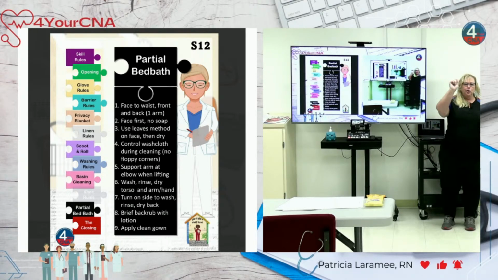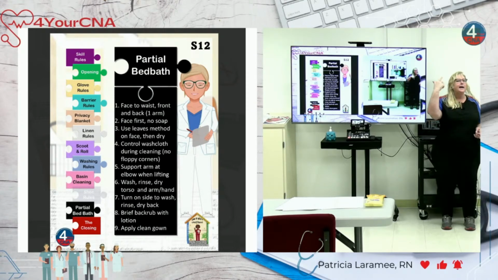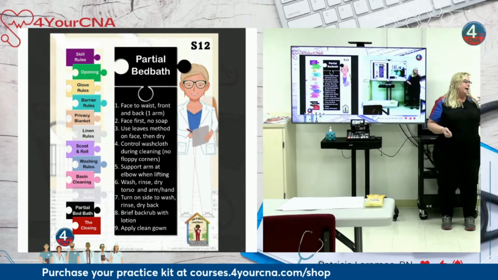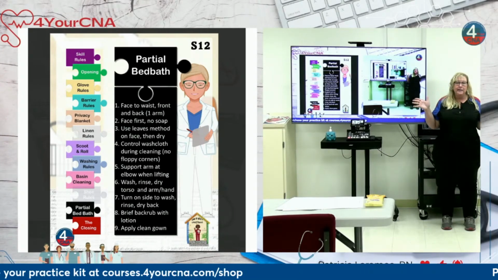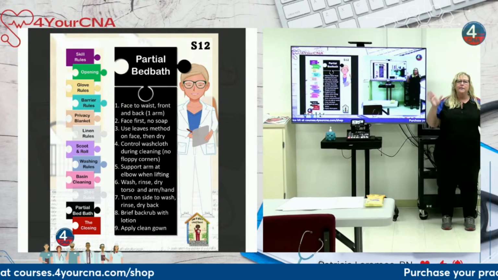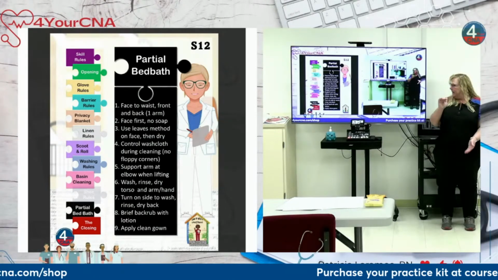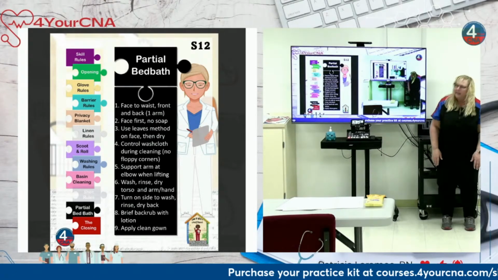If you're joining us virtually and you're not in my class to practice, consider buying a practice kit that has everything you need in it to practice. So the gait belt, the basin, the dentures, the denture brush, the toothette, the bedpan, chucks, gloves, all of it is in the practice kit. It comes in a carrying case, and I don't have one in here to show you.